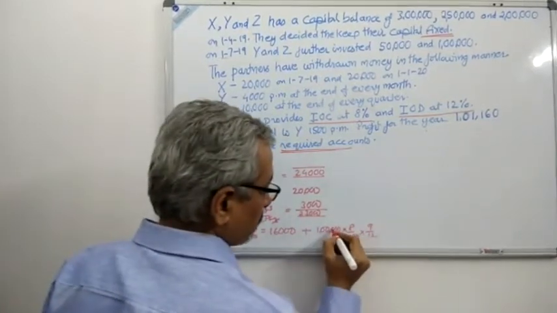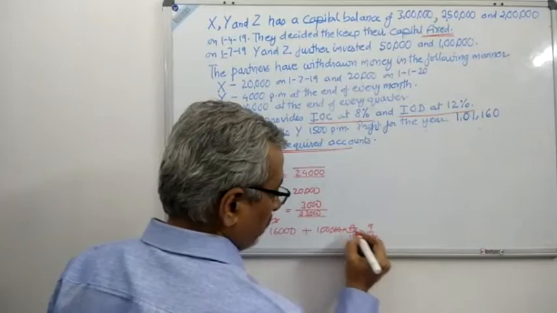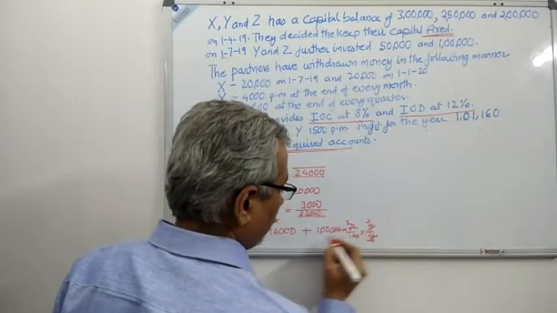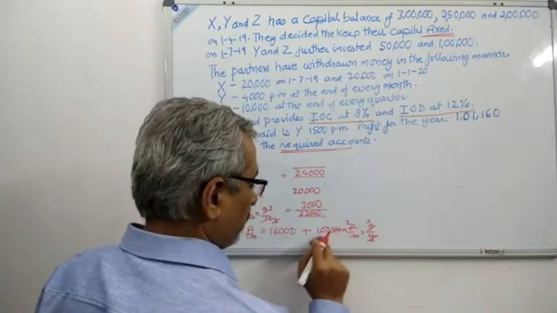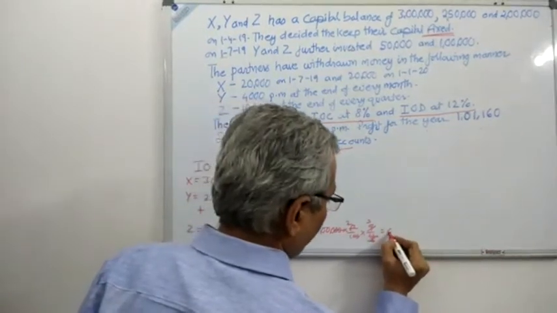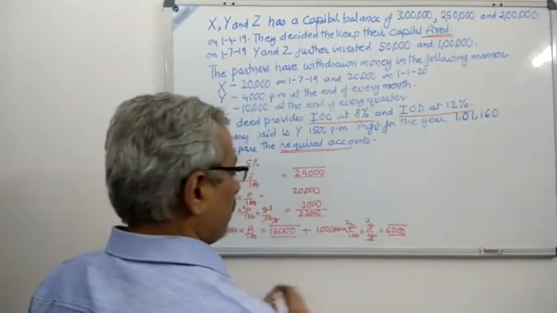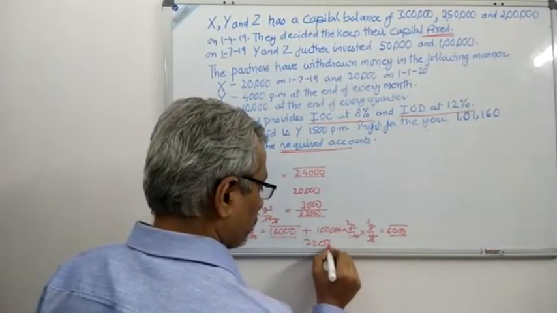Let us cancel these two. Now we have over here 2 and 3. Cancelling this, we are getting 3 over here. So we have over here 6,000. So 6,000 plus 16,000 gives us a figure of 22,000.